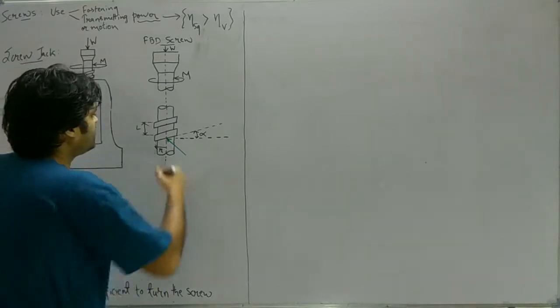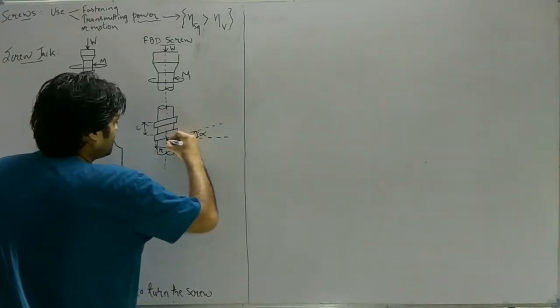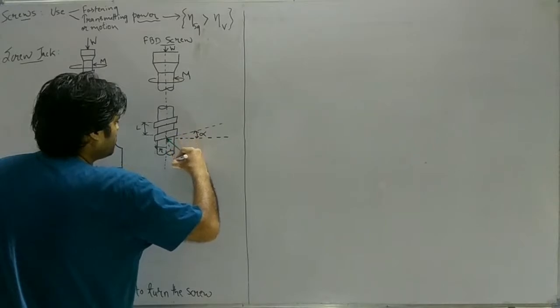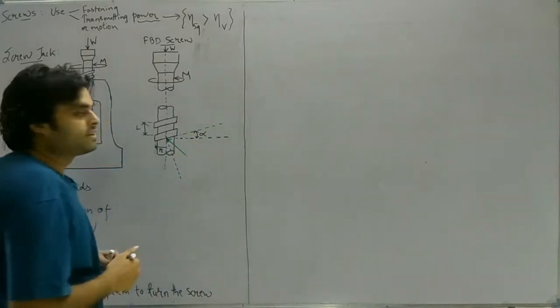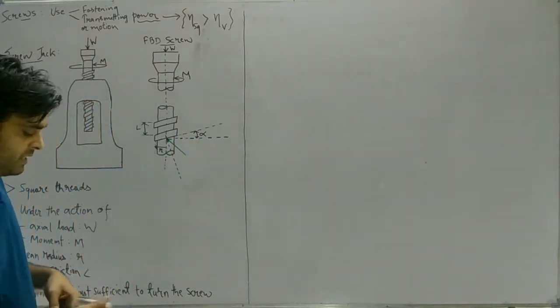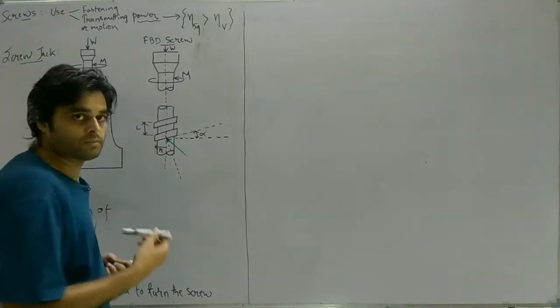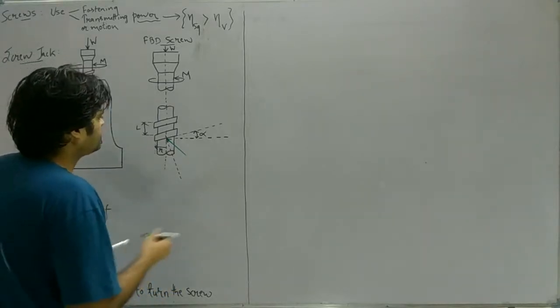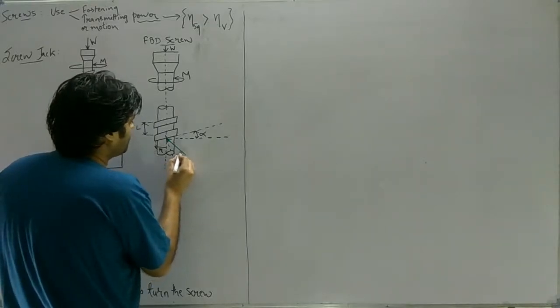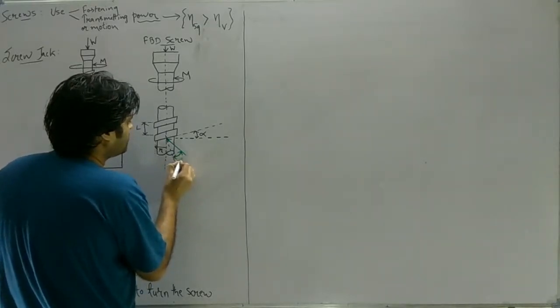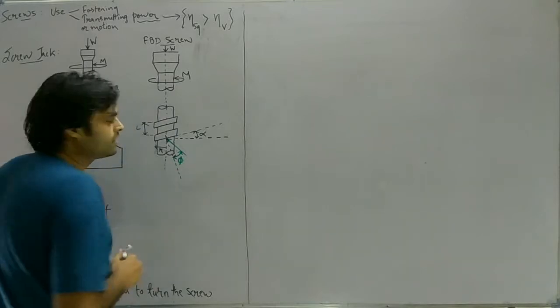Now if this is the common normal, then as slipping is taking place, or just about to take place, we can say that this angle would be nothing but the friction angle phi.